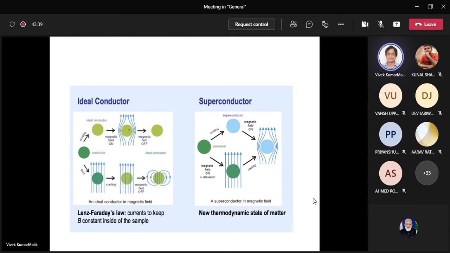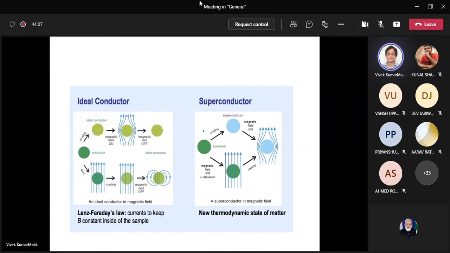But what is the difference in the superconductor? In this case, when you first cool and then apply the magnet, like now we are discussing this right side upper part, that is still fine. You have cooled, you apply the magnetic field, the currents would be generated inside it in such a way that would oppose this change, and it would generate the field opposite to the externally applied magnetic field. That is understandable.